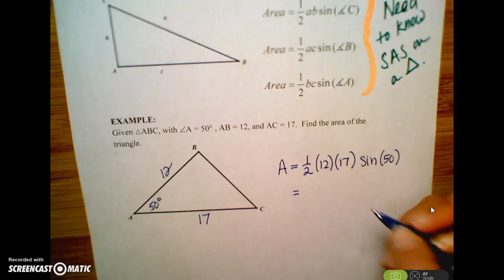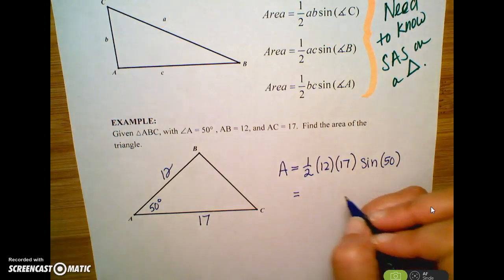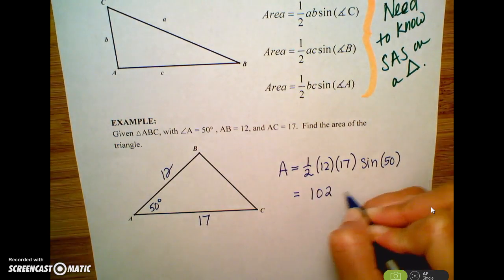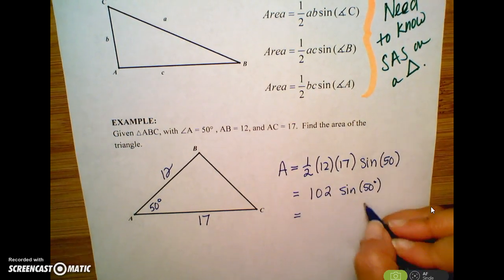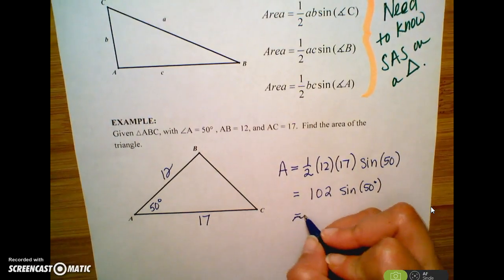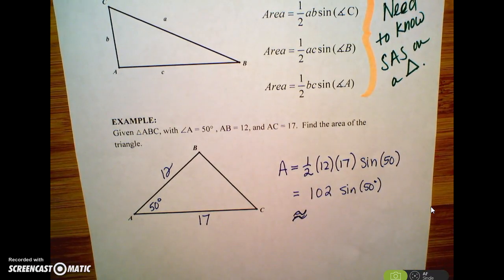So you take out your calculator, you go ahead and multiply those all together. So I'm just doing the nicer numbers first, and you end up with 102 for this part, sine 50, and then we're going to go ahead and multiply this out so we can get an approximate area.